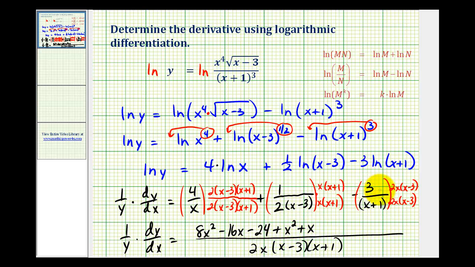Here we need to be careful because we're subtracting, so we'll have 3 times 2x, that's 6x. 6x times x would be minus 6x squared. And then we'll have 6x times negative 3, that's negative 18x, but we're subtracting it, so it's plus 18x. Now let's take this to the next slide and simplify the numerator.